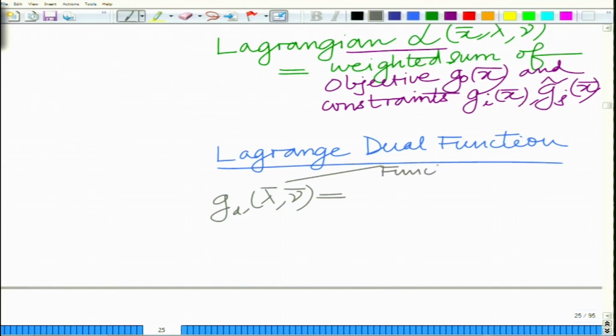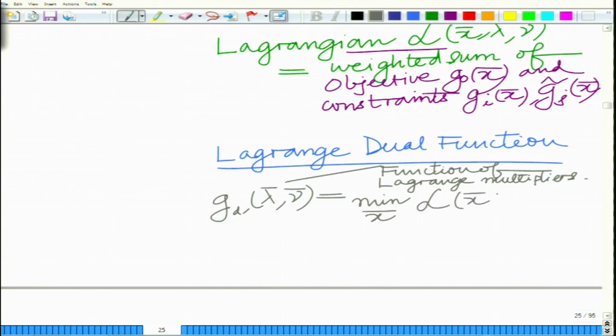It is the minimum over x bar of the Lagrangian L of x bar, lambda bar, nu bar.